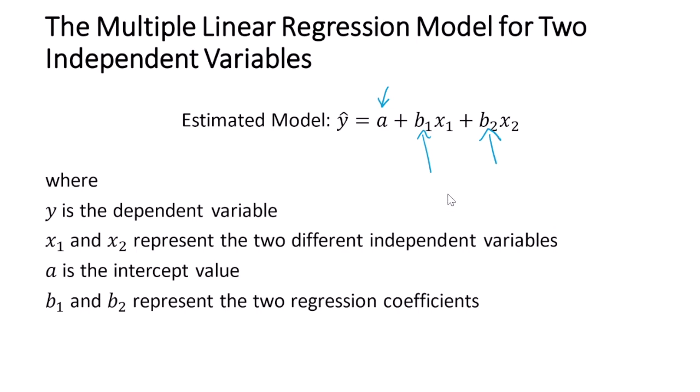So what if you have three independent variables in your multiple linear regression model? Your model will be written as y hat equals a plus b1 x1 plus b2 x2 plus b3 x3.